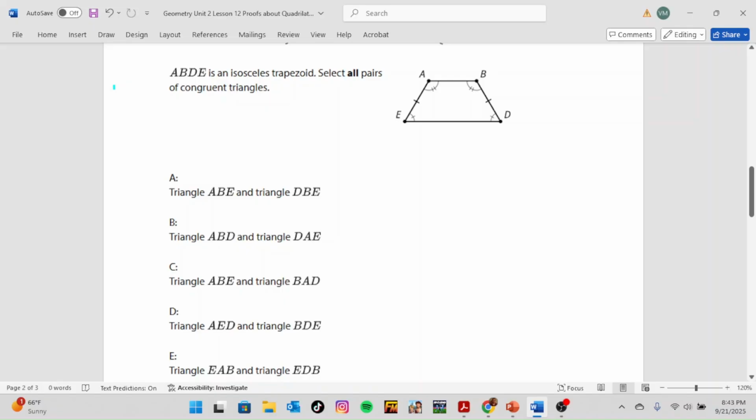Practice problem number 2 says ABDE is an isosceles trapezoid.